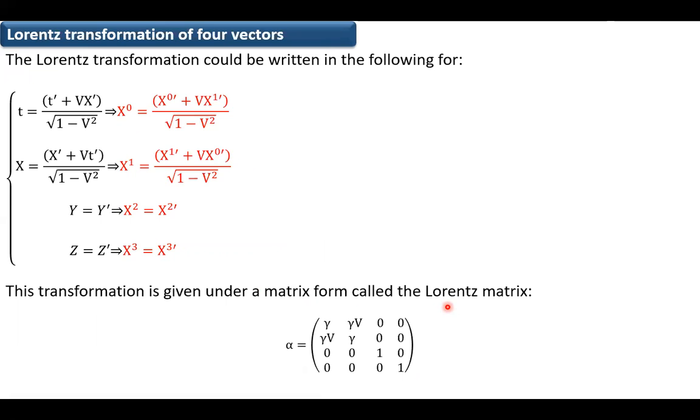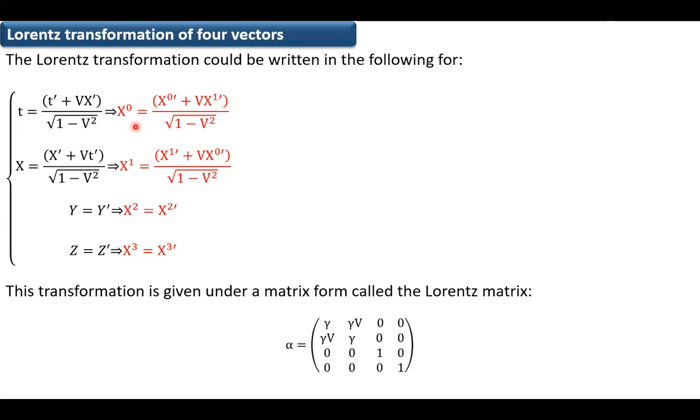So if you go back to the Lorentz transformation and write it in 4-vector notation. If you have this form of the Lorentz transformation, t equals t prime plus vx prime over the radical of 1 minus v squared, you replace t by x0, so t prime is x0 prime, and you replace x by x1, so your x prime is x1 prime.